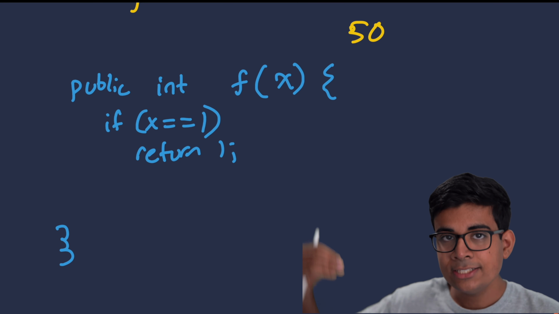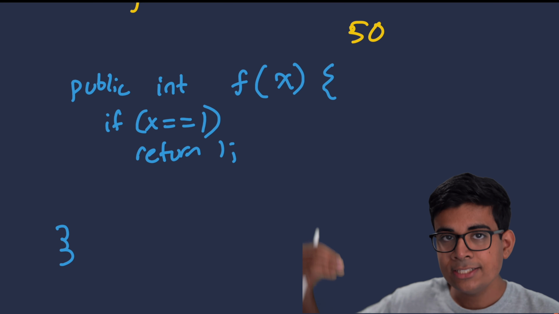I could do this again, so f of 3 equals f of 2, and actually I have to do one more: f of 2 is equal to f of 1. But eventually I reach this f of 1 case, where x is equal to 1, so now my value is 1. Now I can do almost a reverse substitution.